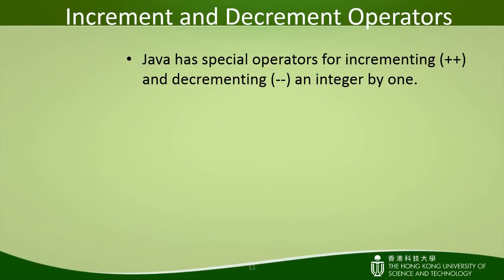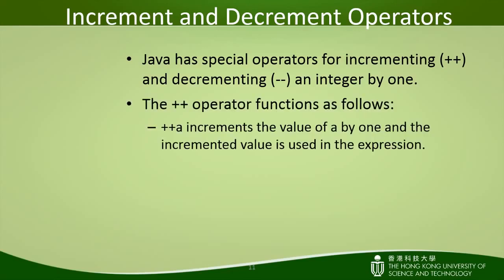Basically, the increment operator ++ will increase the value of an integer expression by 1, and the decrement operator -- would decrease the integer by 1. In the case of the increment operator, for an integer a, ++a will increase the value of a by 1, and the resulting value of the increment will be given as the value of the expression ++a.